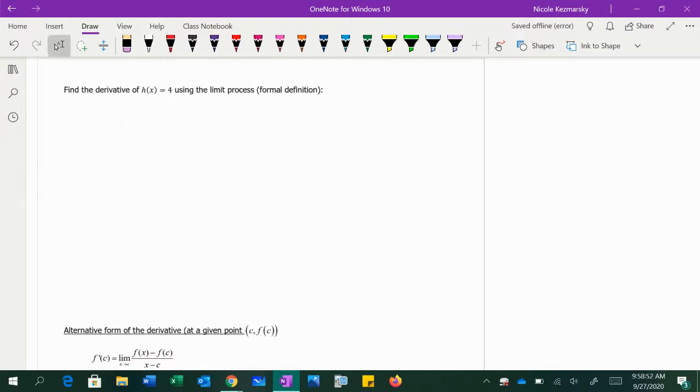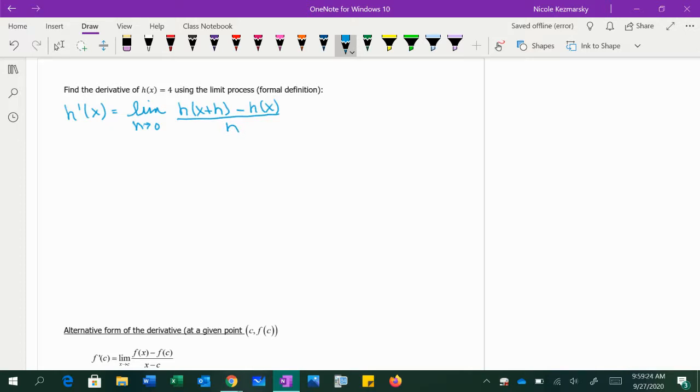All right, let's try the last example, and then we'll talk about the alternate definition. So this one I left to last because it's a bit strange. So with this one, we're dealing with finding h prime of x, and we get the limit as h approaches 0 of h of x plus h minus h of x over h.